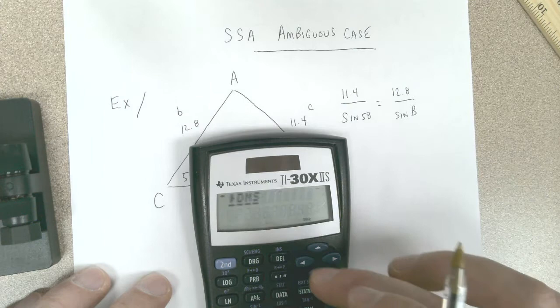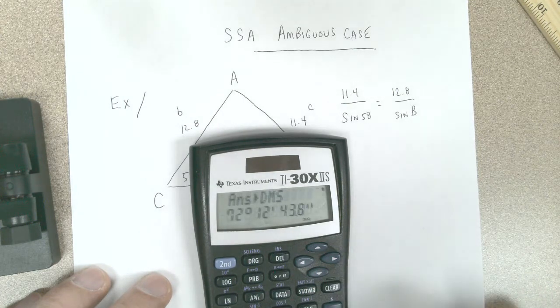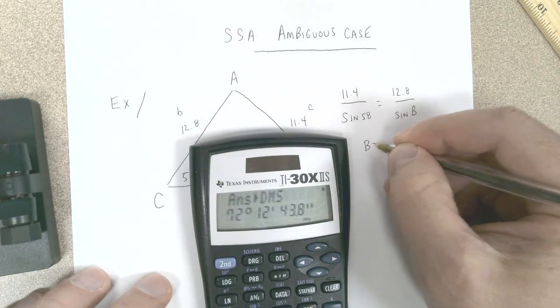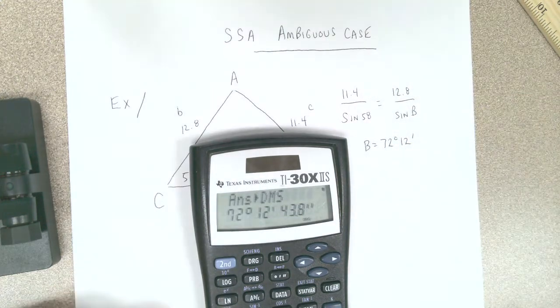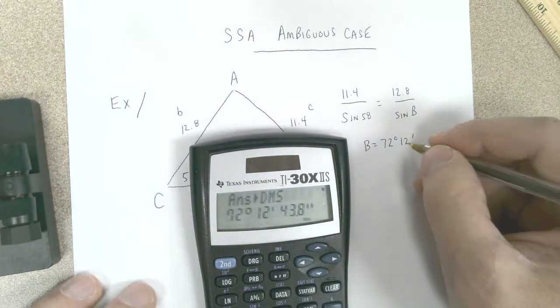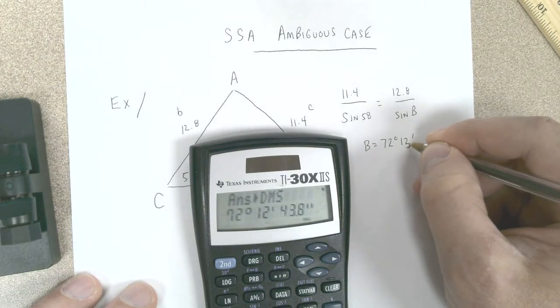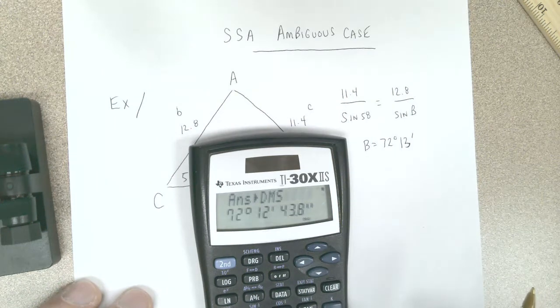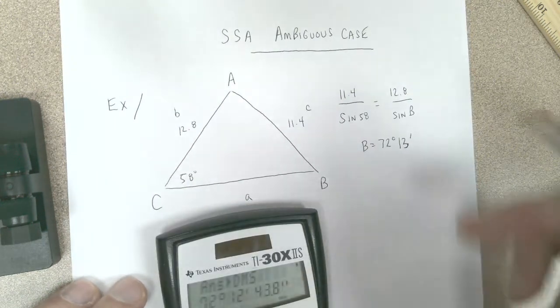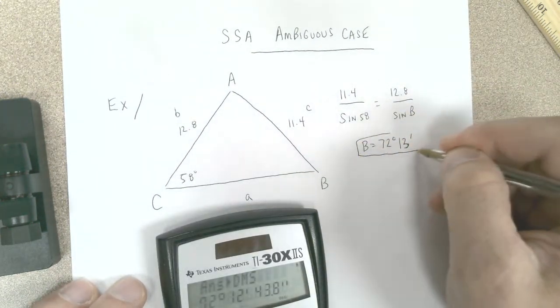I'm going to change that to degrees, minutes, and seconds. So B here is 72 degrees, 12 minutes. Actually 13 minutes as I do my rounding here, because the seconds is 43 seconds, which is more than 30. Okay, so there's my angle B.